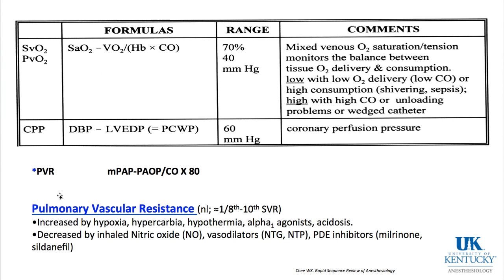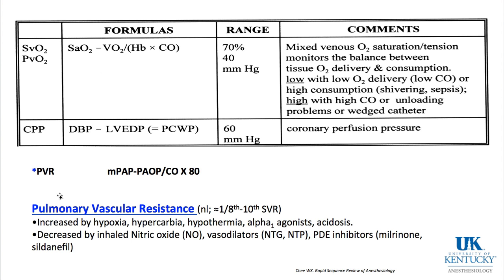Vasodilators like nitroglycerin and nitroprusside drop the pulmonary vascular resistance, but also have an effect on the systemic circulation.